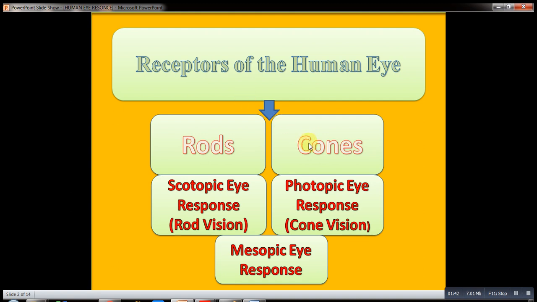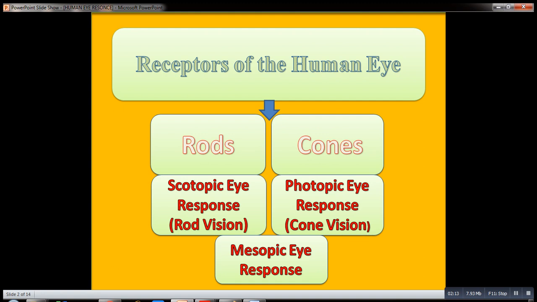While the cones, cone cells are photoreceptor cells in the retina of the human eye. They respond differently to light of different wavelengths and are thus responsible for color vision, and function best in relatively bright light, as opposed to rod cells, which work better in dim light.